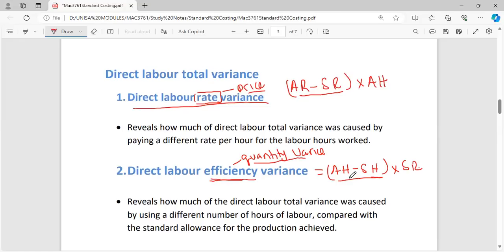You want to see how much of the direct labor variance was caused by using a different number of hours compared with the standard allowance. So you want to check the variance caused by using a different number of hours from the budget and the actual. The same applies to the rate. You are checking how much of the total variance was caused by paying a different rate. Remember, we have a budgeted rate and an actual rate.